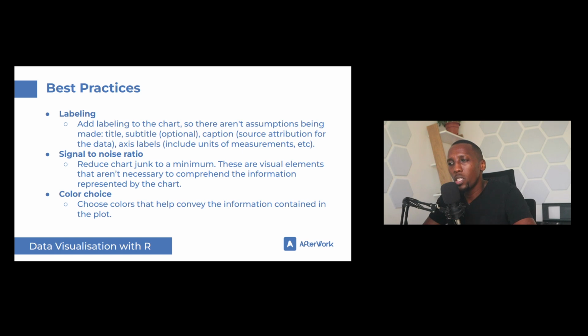The other bit that's important to consider is color choice. You shouldn't have many colors within your chart. If you have many colors, sometimes colors actually mean something. You could have a brighter color that is different from the rest of the elements within the chart, and that could mean that you want a user to focus on that particular visual element that you have highlighted.